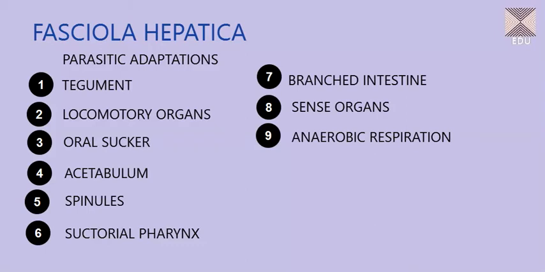Here, this animal goes for the anaerobic type of respiration, which helps Fasciola live inside the host where there is no oxygen. If it is living inside the bile ducts or the intestine of the host, there is no oxygen present over there, so it has to go with the anaerobic type of respiration. This is a very good adaptation for this parasite.